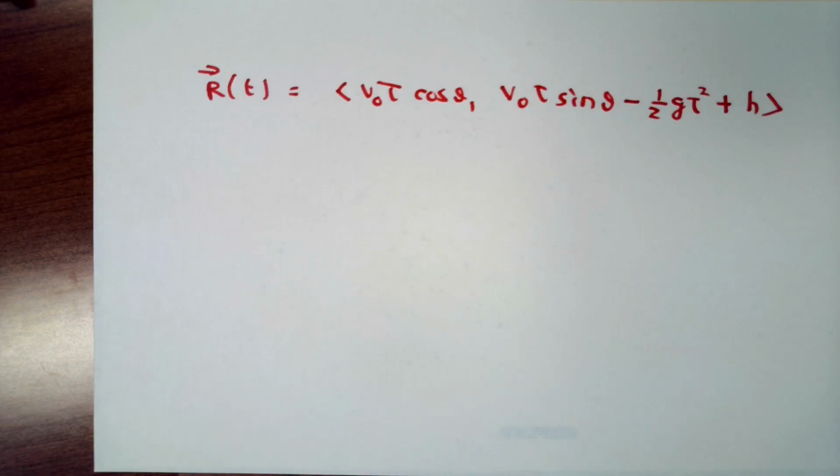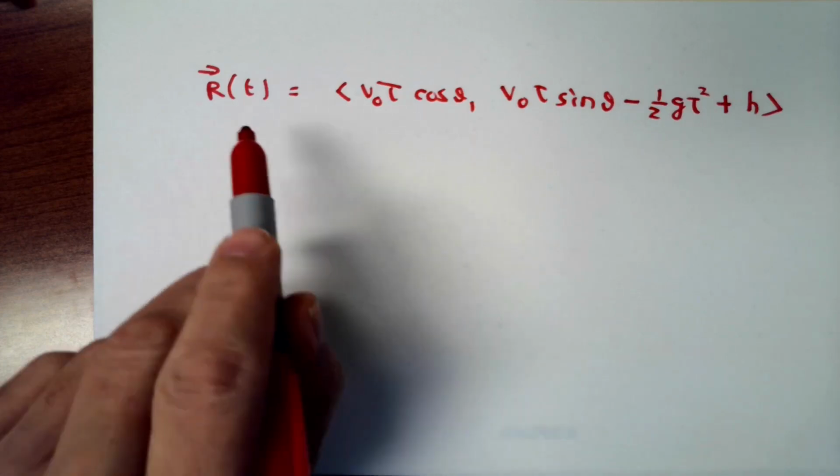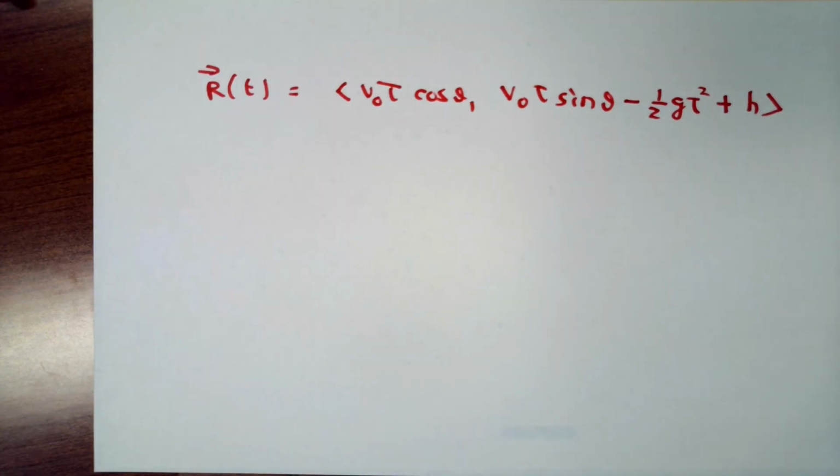Making those substitutions, I can get this kind of formula for my position vector. So if I told you the initial speed and the initial angle of inclination, you could write down the formula for the position, you could find out where the object hit the ground, you could find out how fast it was going, and so on and so forth.